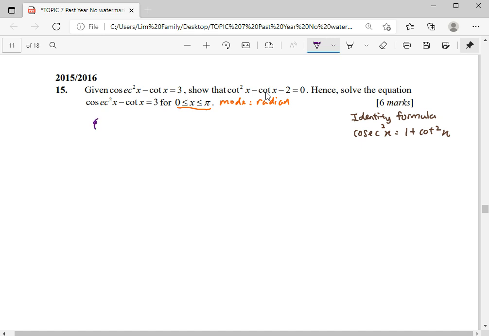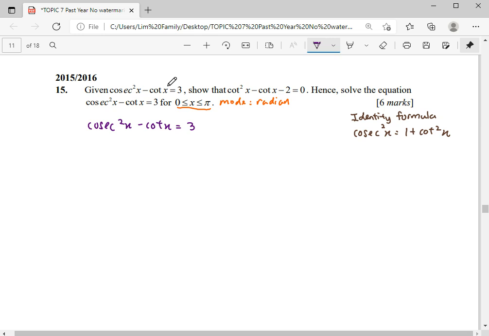So our question starts with cosecant squared x minus cotangent x equals 3. How can we simplify this equation to the answer?